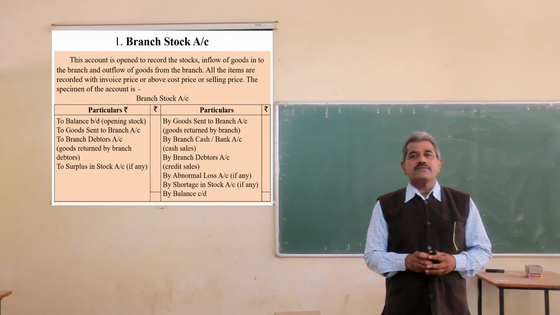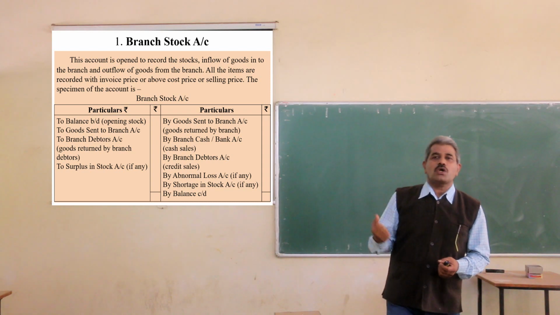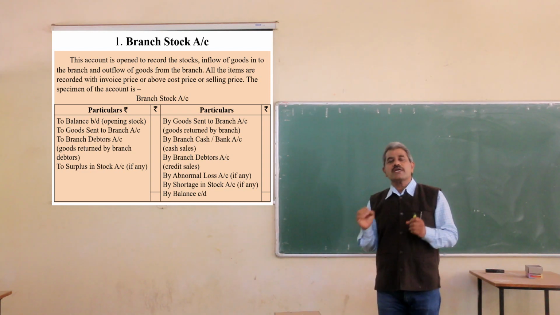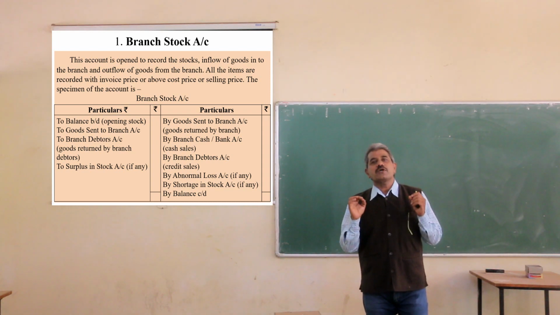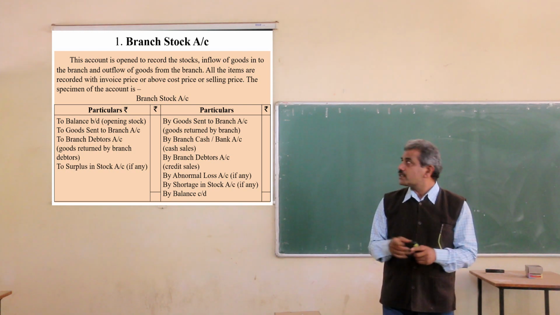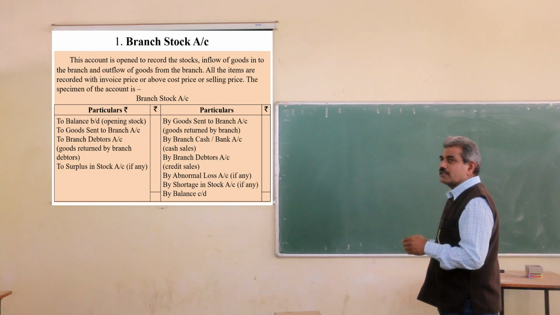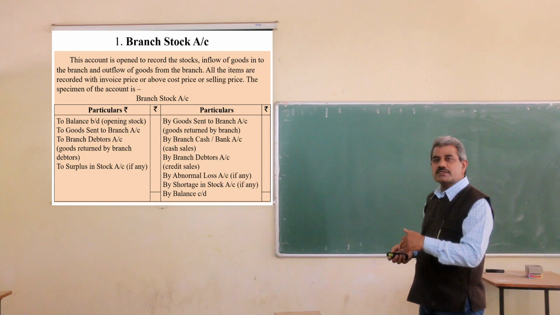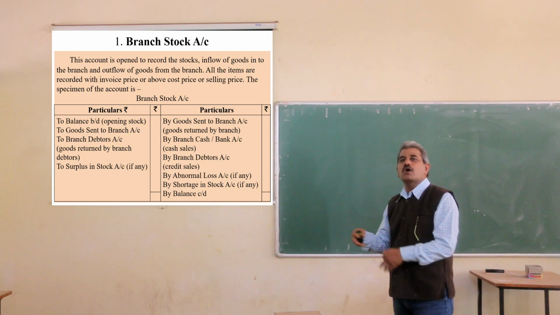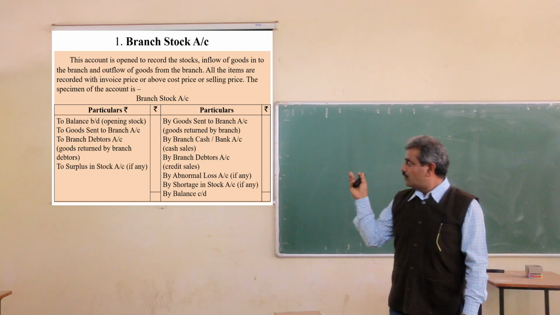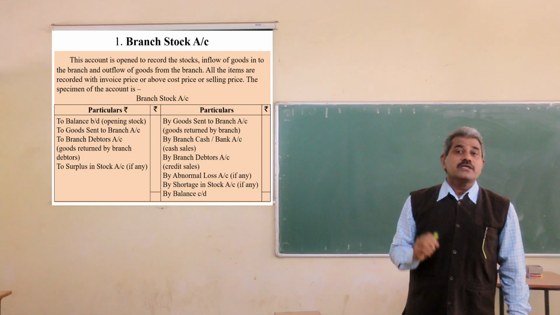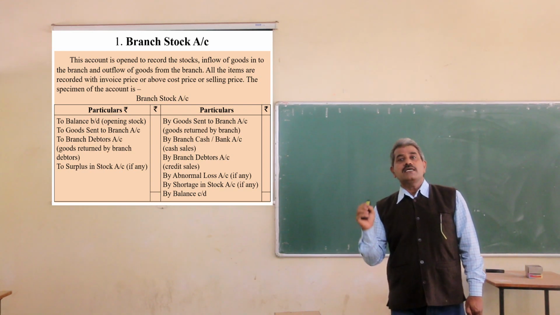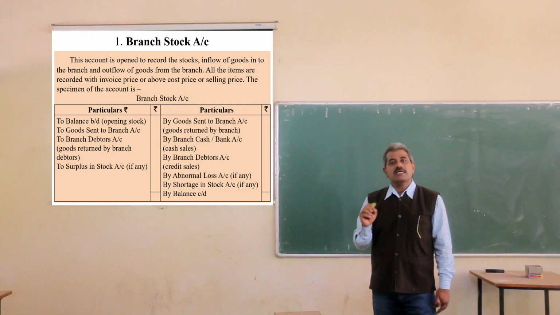First we will see how to prepare the branch stock account. This account records only the items of goods, that is opening stock, closing stock, inflow of goods and outflow of goods from the branch.